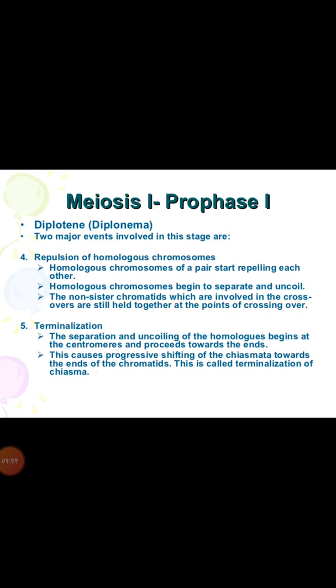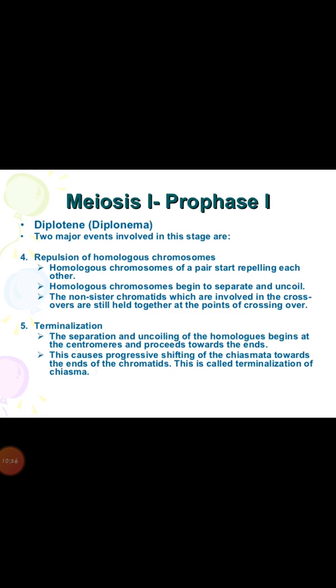Next in meiosis, prophase first, is diplotene. The next stage of prophase first is diplotene, also called diplonema. Diplo means double, that is, the chromosomes become double. Two major events are involved in this stage: repulsion of homologous chromosomes. The homologous chromosome pair starts repelling each other.